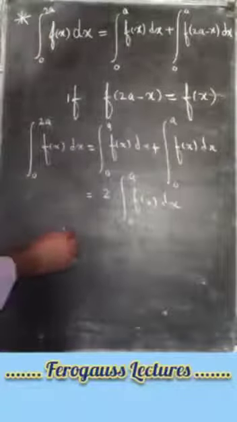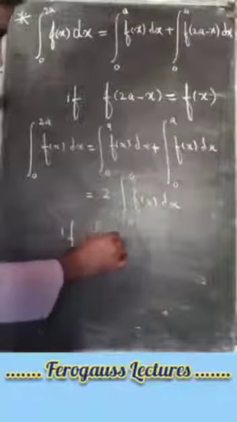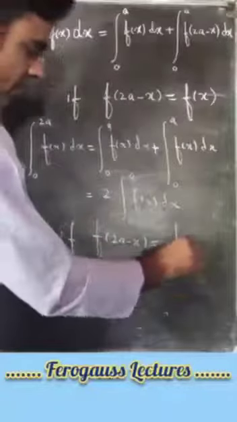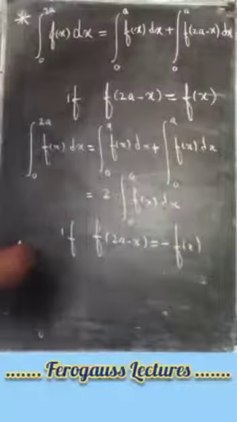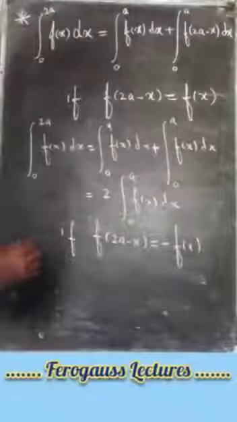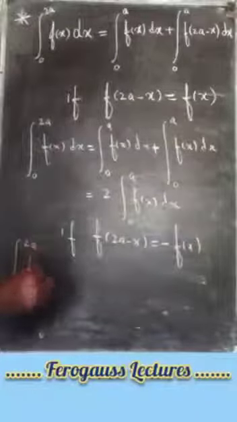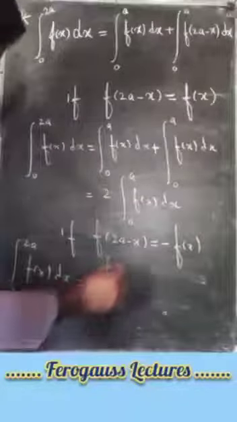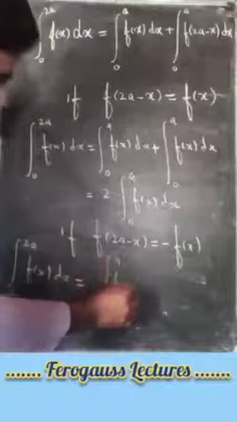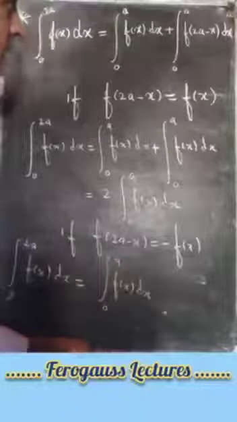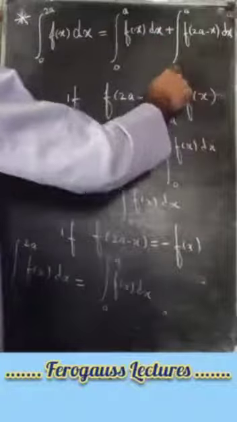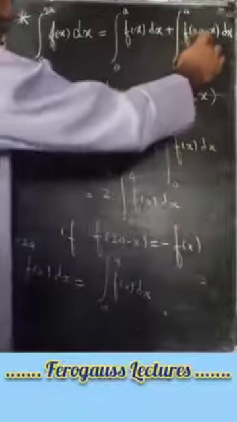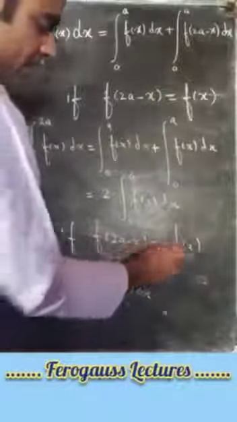Also, if f of 2a minus x is equal to minus f of x, then the integral from 0 to 2a of f(x) dx is equal to the integral from 0 to a of f(x) dx. Then we have plus the integral from 0 to a of f of 2a minus x dx, but instead of f of 2a minus x, we have to write minus times f of x.